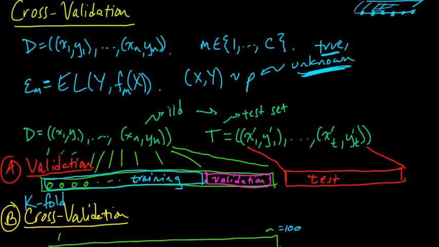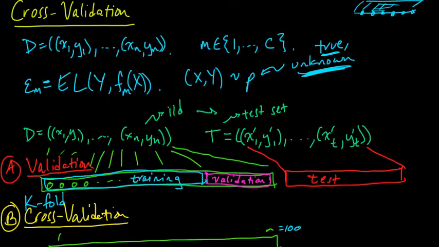In leave one out cross validation, each example in our data set was a fold. So this was the first fold: we trained on all the rest, and then evaluated on this point on the first round. Then we took the second point, trained on everything else, and evaluated on that for the second round.